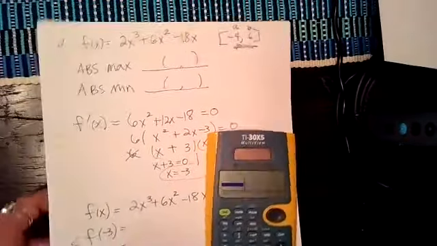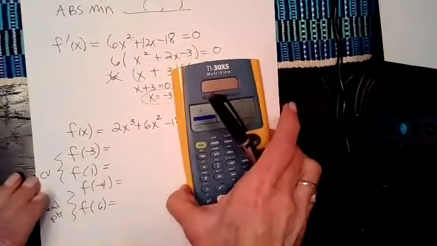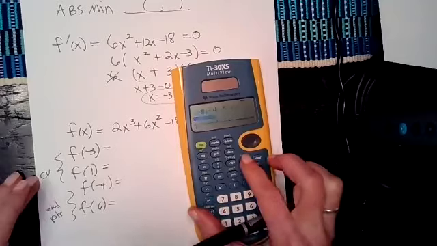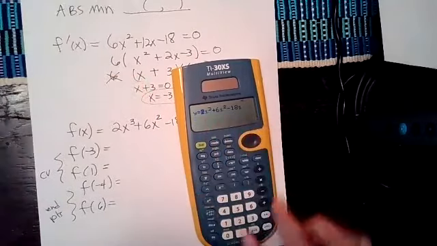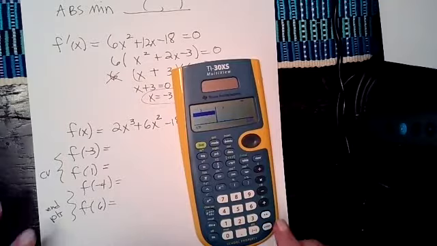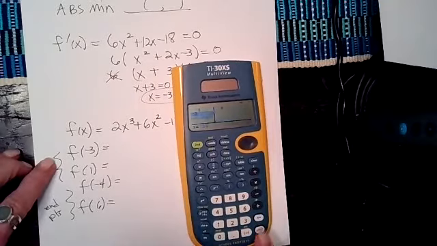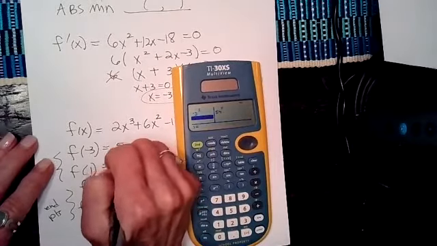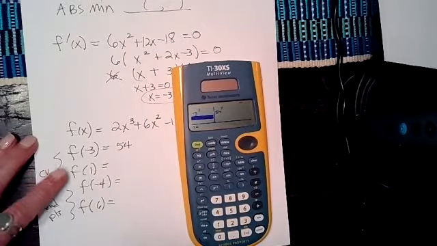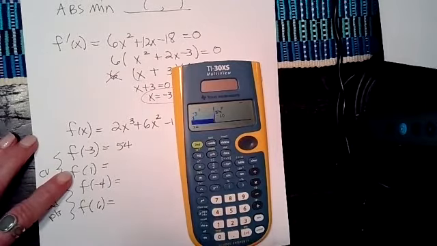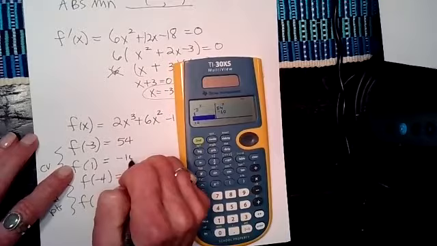Okay, so I'm going to put in my numbers that I need to evaluate. So I have to make sure it says 2x cubed plus 6x squared minus 18x. Okay, I'm just a little OCD. So I'm going to plug in -3, enter, and I get 54. Okay, I'm going to plug in 1, enter, and I get -10.